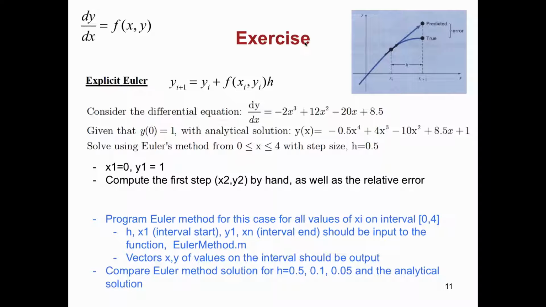We start from this point and we approximate the slope of the function at this point and basically extrapolate to a predicted value using that linear function, or the slope. And that's essentially what this equation is. Since my slope, dy/dx, is actually f(x, y) according to the equation, I simply substitute f(xi, yi) as dy/dx at point xi.